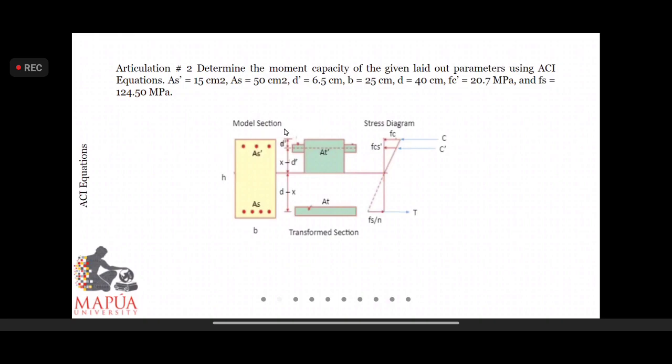So we begin with the model section, transformed section, and stress diagram. In the general presentation of the model section, instead of presenting it as this one, you present it as As1, and that will be As prime. This bar as 1, that will be As.